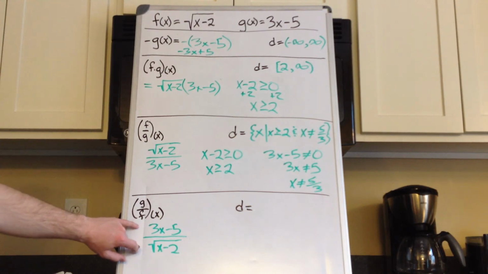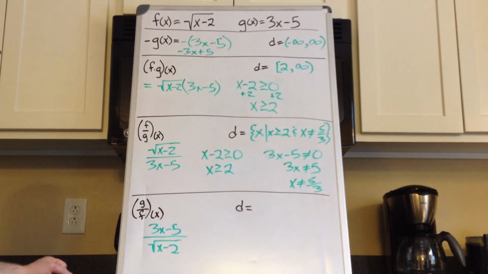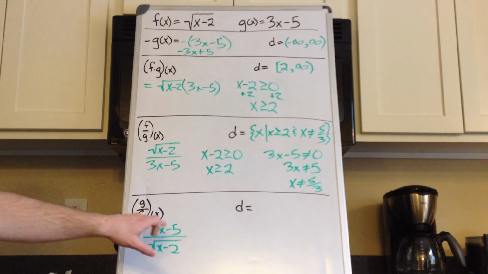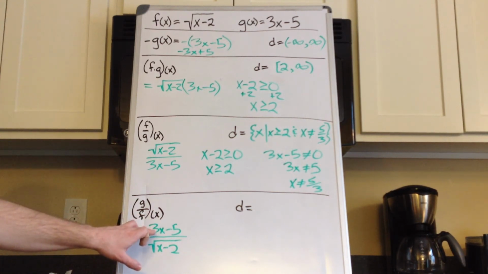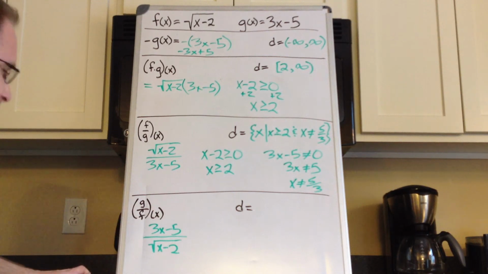This is done. But now we need to find the domain. So when we look at the top, it doesn't matter what the top of a fraction is, right? So we don't have any restrictions on the top here. I mean, if x is a very large number, we'll just have a very large number up here. If x is a very big negative number, we'll have a very big negative on the top here. But either way, that's fine.